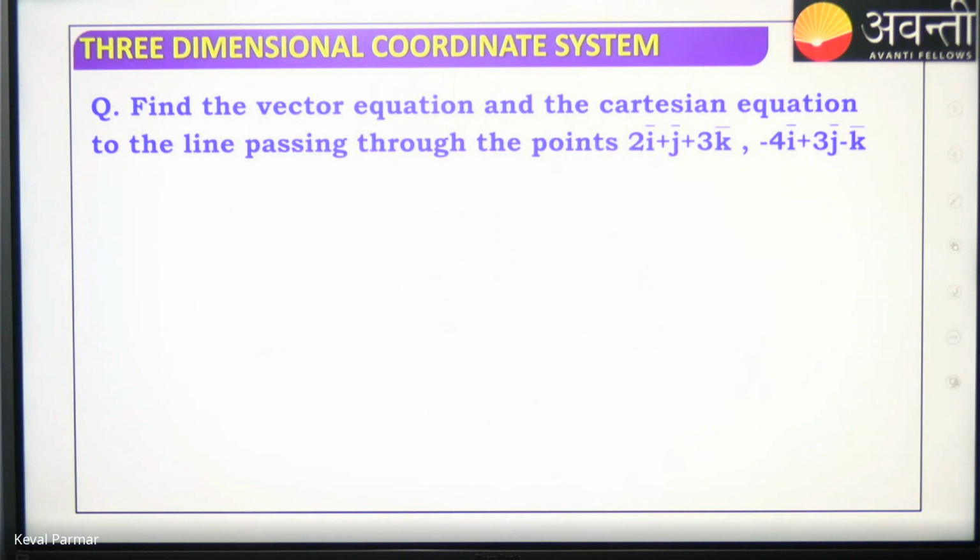I think I explained how to do this question, so I'll not be doing it, but you can do it and I'll give you 1 minute, which is enough. This question is for you to solve, and if you got an answer, please say yes or no. Then we can move to the next. Two points are given.